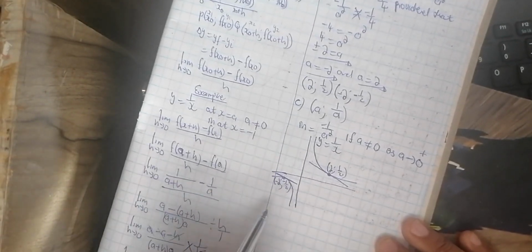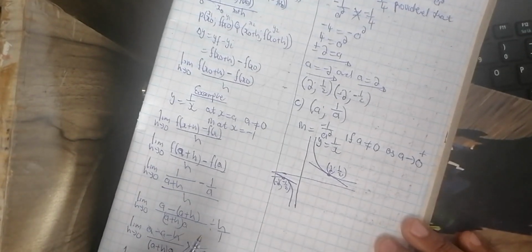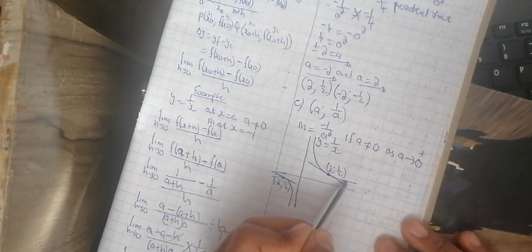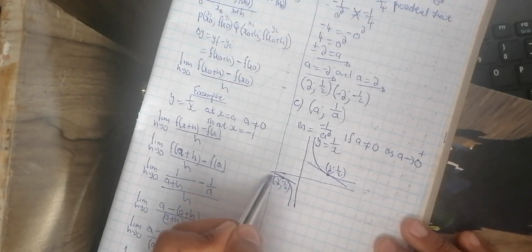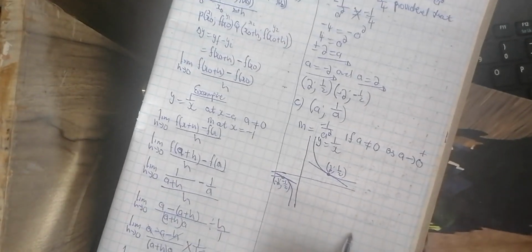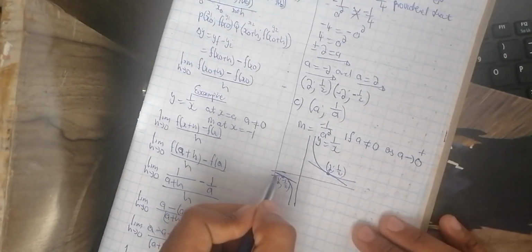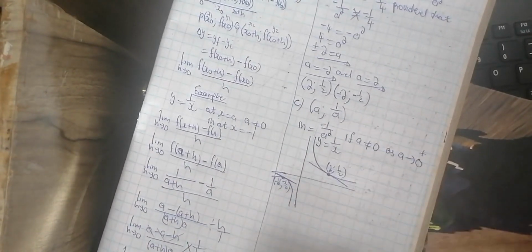The slope is approaching 0 in either direction. As I'm moving away from the origin, I am approaching 0. And the tangent line is leveling off. It will end up leveling off.